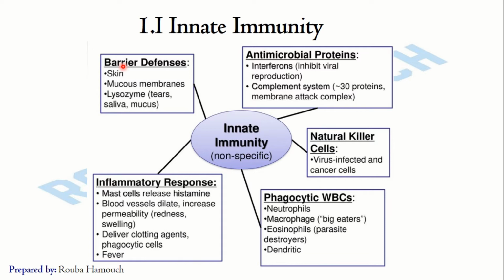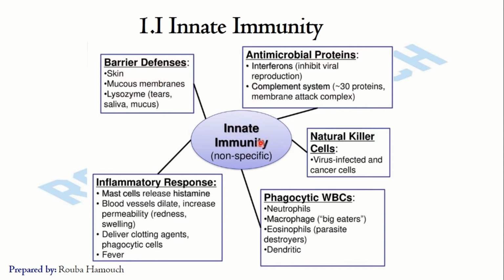And finally, we have the commensal flora of our intestine. In our intestine, we have good bacteria that can protect our digestive system from any attack. So these are the natural barriers involved in the innate immunity.